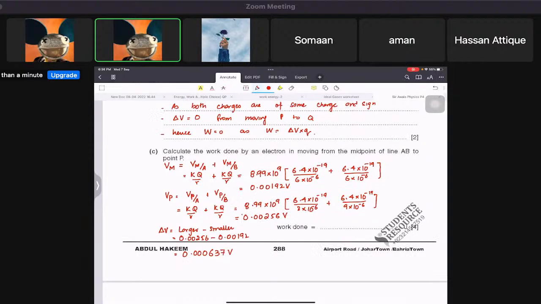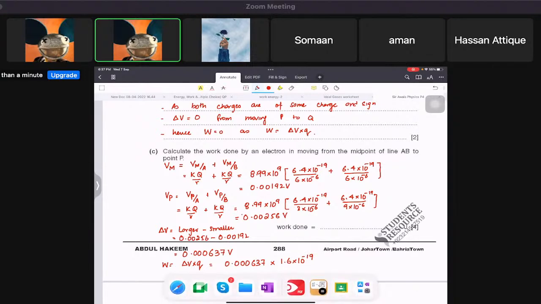Now to find the work done, it is change in potential times charge. So we got the change in potential, and then the charge on an electron is basically 1.6 times 10 raised to power minus 19.